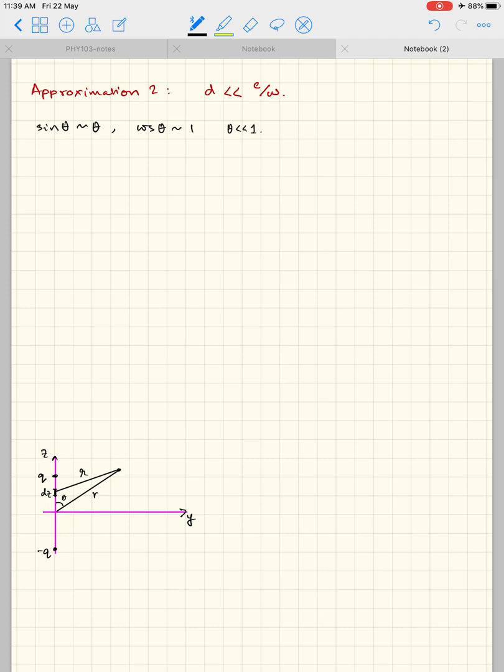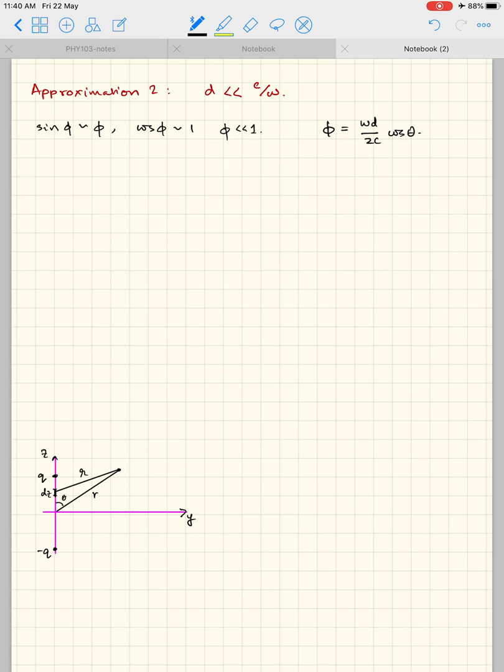In this case, let's not call this theta, let's call this phi, so I don't confuse you. Sine phi goes as phi, cos phi goes as 1 when phi is much less than 1. In this case, phi is given by omega d by 2c cos theta, which is much less than 1.